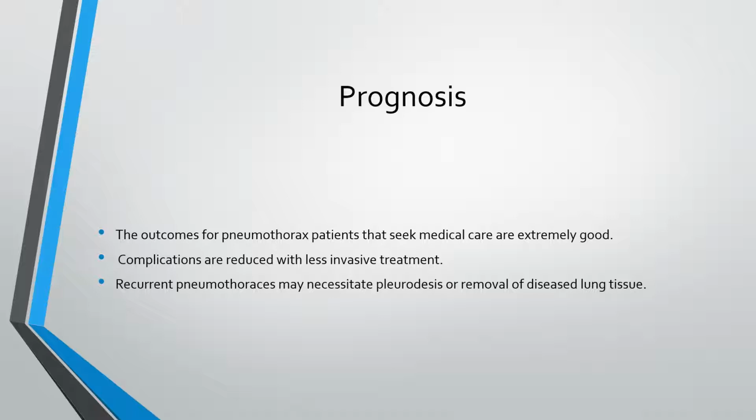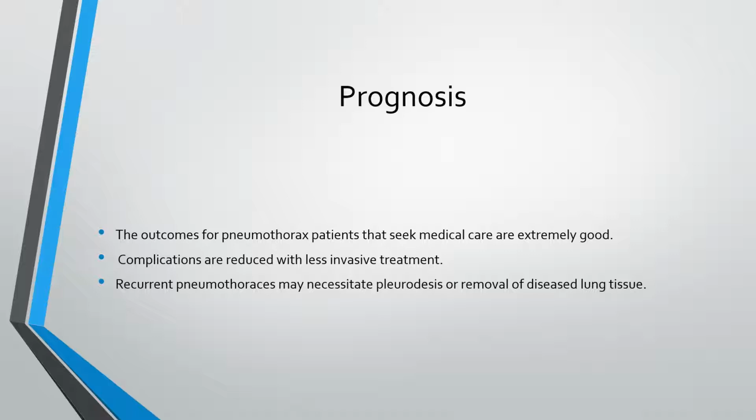Patients that are seen in a medical setting for pneumothorax typically have extremely good outcomes, as it is a condition that, if it is necessary to treat with an intervention, can be done very rapidly with good success.